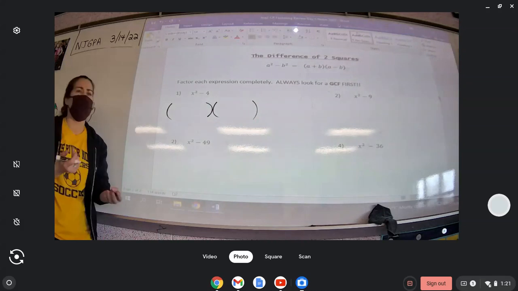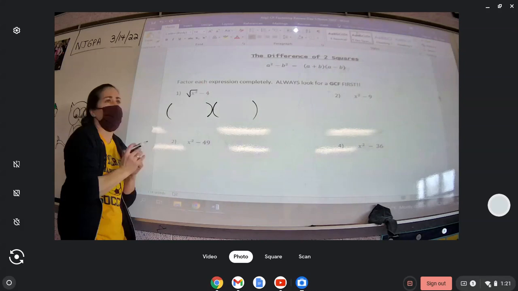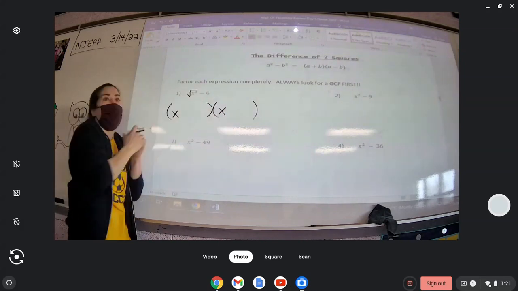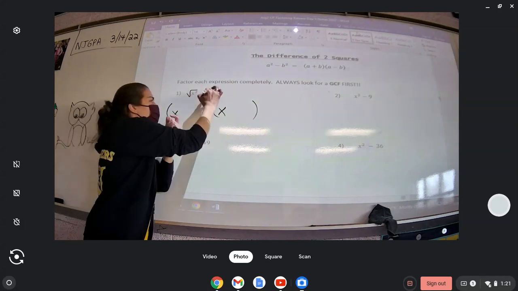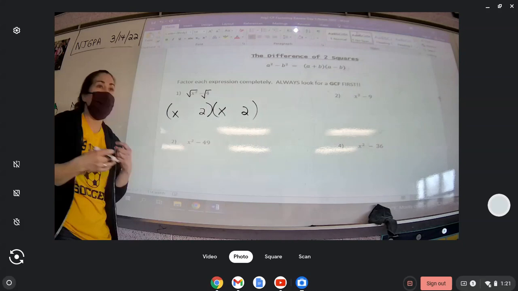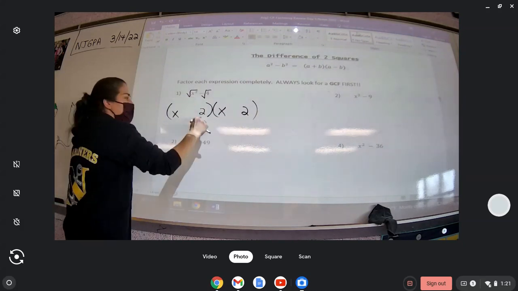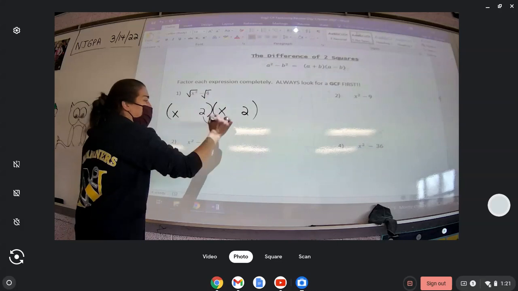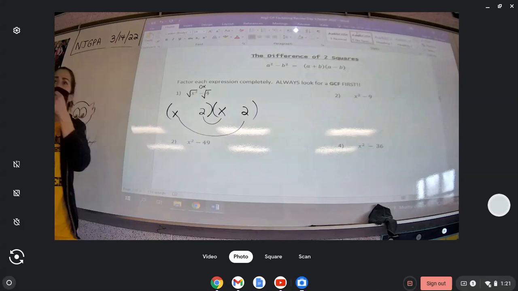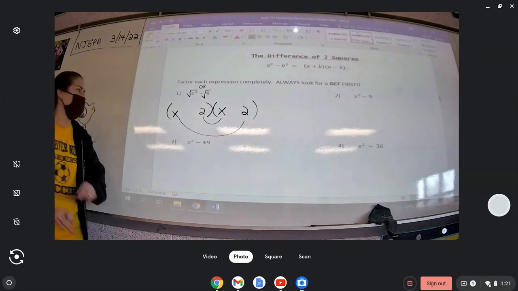I need to unsquare these pieces. So I just have you guys do this. What is the square root of x squared? So I need an x and an x. They will multiply to x squared. What is the square root of 4? I need a 2 and a 2. And essentially what's happening, the first ones get me x squared. The last ones get me negative 4. And technically what's happening here is your rainbows have to add up to the 0 x's in the middle. You need your rainbows to cancel out and add up to 0.